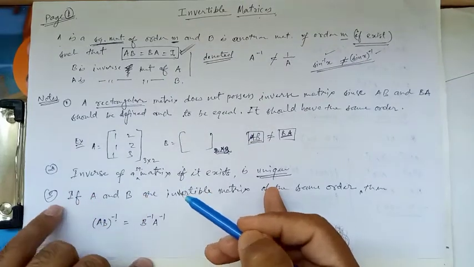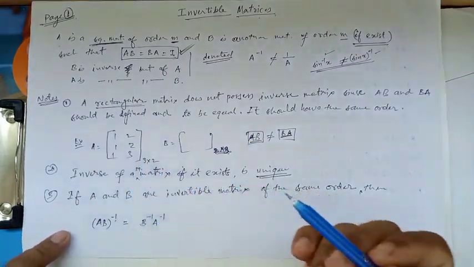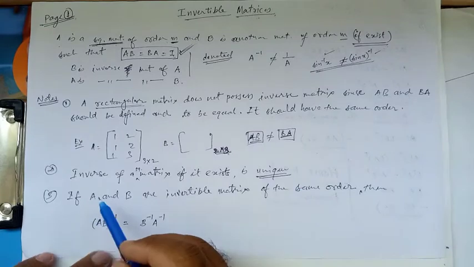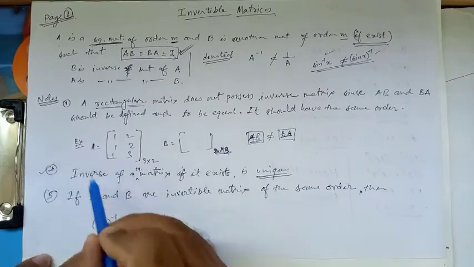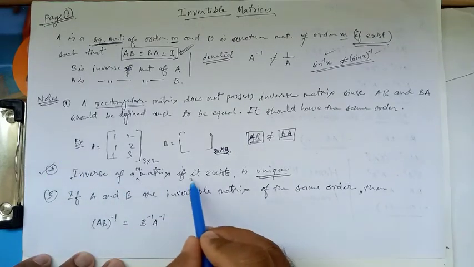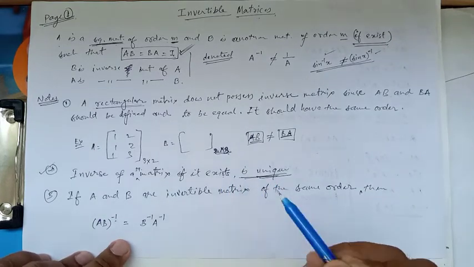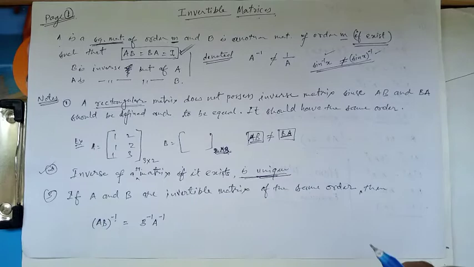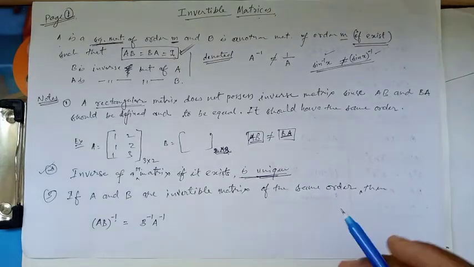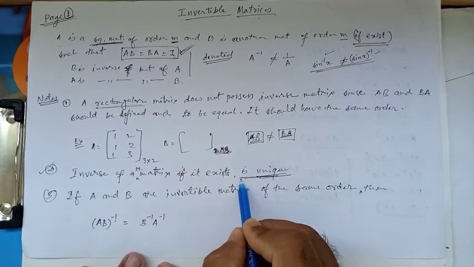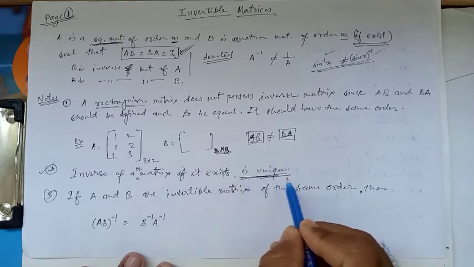Now we'll move to the next part, that is the inverse of a square matrix. If it exists, then it is unique. So definitely you will get a unique inverse, as we have seen in algebra, and in functions also we have seen that if we find the inverse, then that is unique.